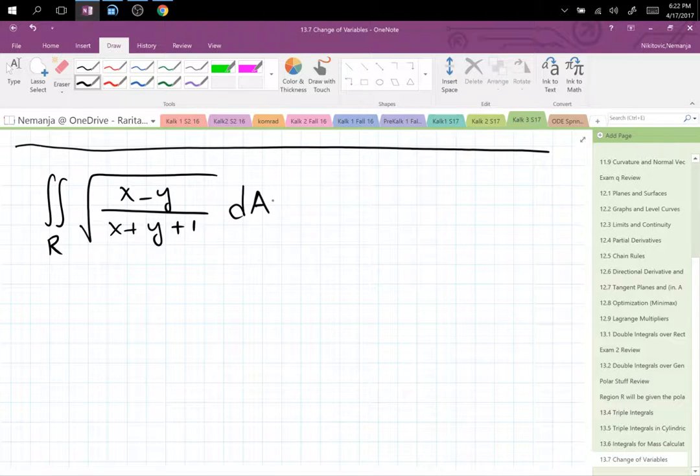So this is our next square root, right, that we want to integrate, and the region is given as this 45-degree rotated square.